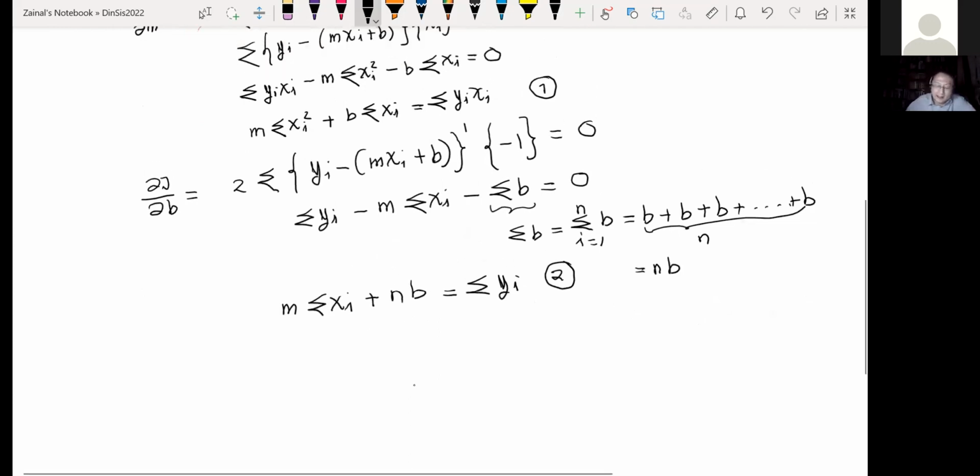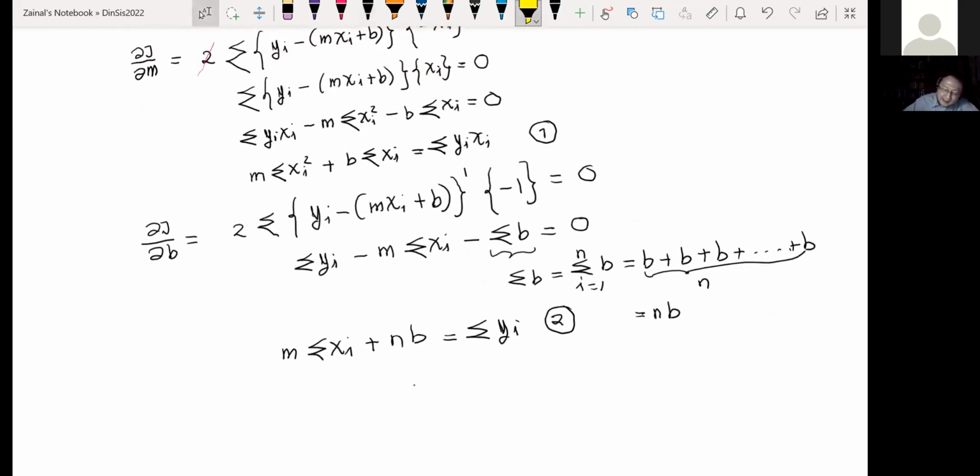Okay, and we want to find m. This one is m sigma xi squared. Now we want to find m and b. We have 2 simultaneous equations.